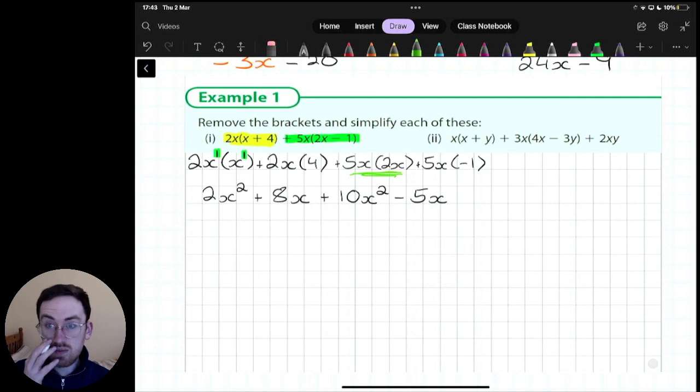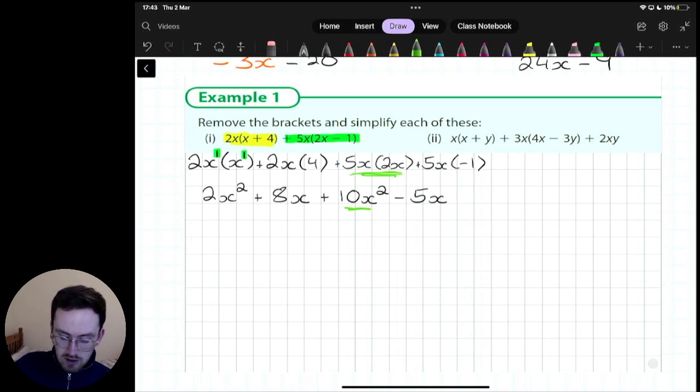Make sure you're practicing questions like that and multiplying those out, and that you're really happy that x multiplied by x gives me x squared, and that you can see why 5x multiplied by 2x gives me 10x squared.